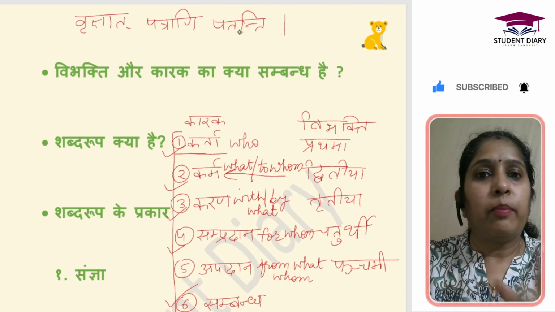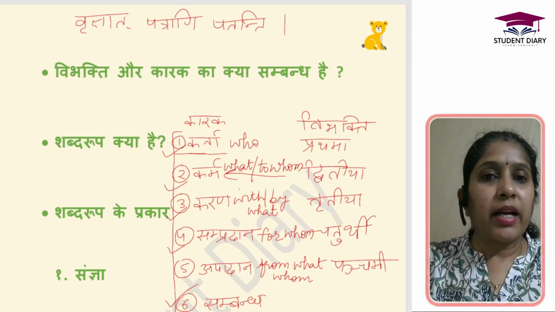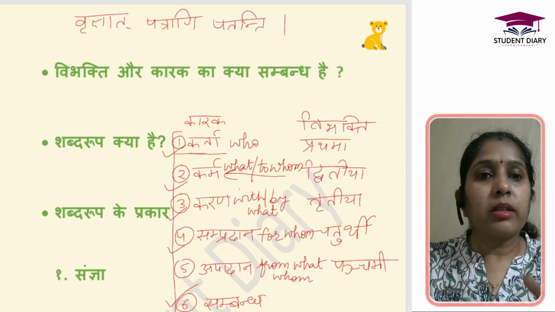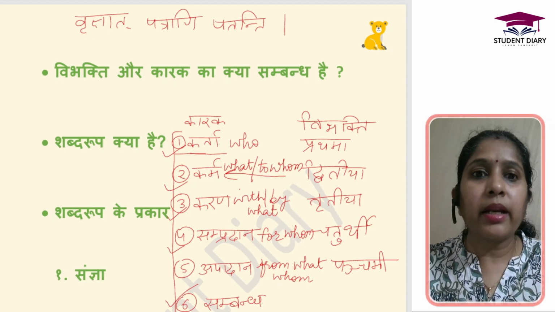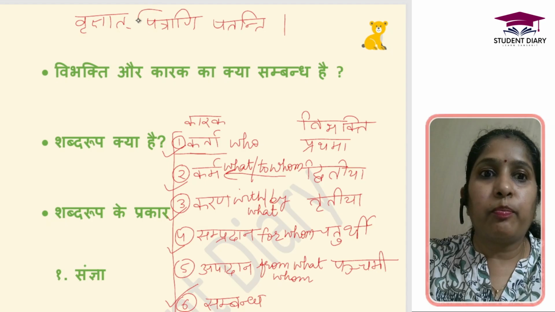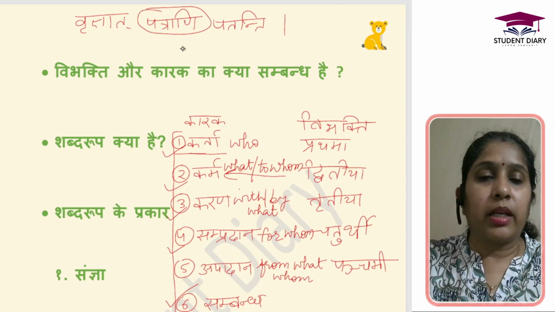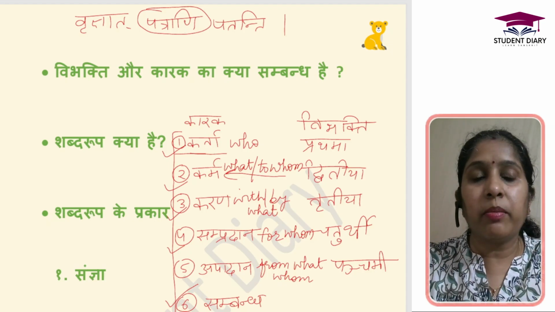Now, what is the verb here? Patanti. Correct? Patanti means to fall, right? Falling. Patrani means leaves and vrikshat means from tree. So now the sentence becomes: the leaves are falling from the tree. Correct? So now what is falling? Patrani, right? So that is going to be your subject here, correct? That is going to be what or who, your Prathama Vibhakti.